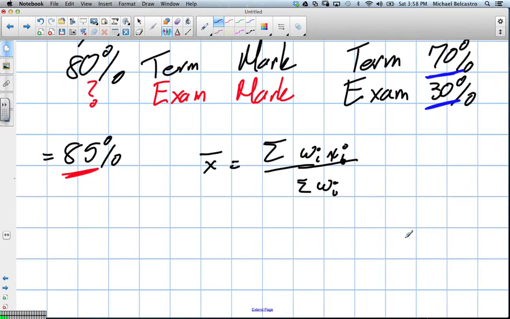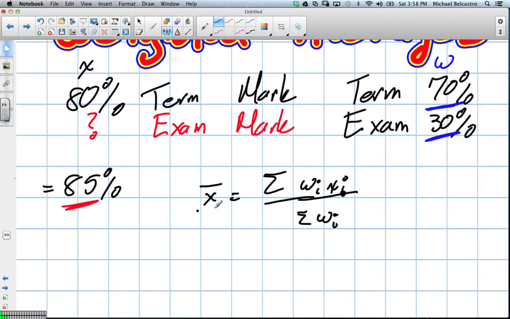In this question, we've already been given the mean. We want to have a mean or an average of 85. So we're going to replace our X bar with a value of 85. And we're going to break up the sum. There's only two values here.